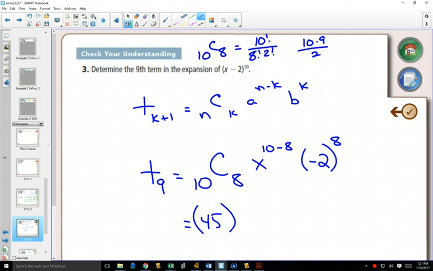And again, I'm going to put each of these things in brackets for now. And I like doing this extra step of simplifying each one. This will be x squared. And negative 2 to the power of 8 is 256, and positive because a negative to the power of 8 will be positive.